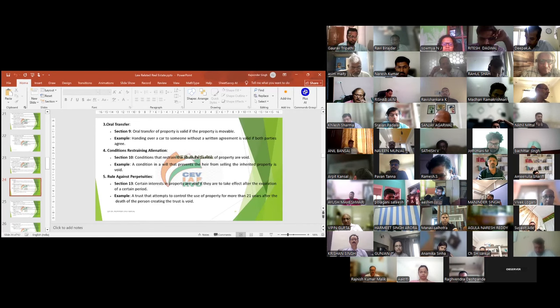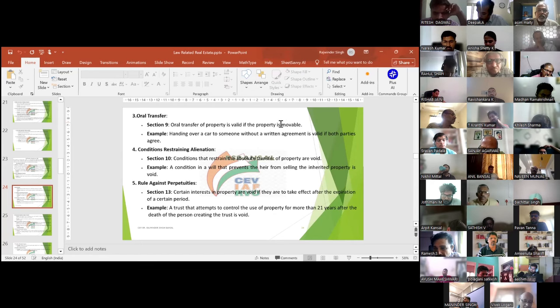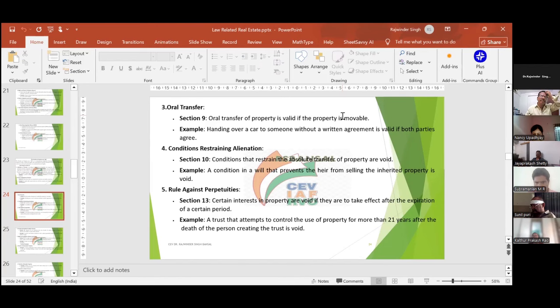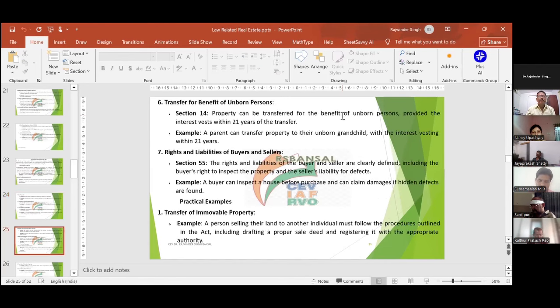So if the trust does not take control within 21 years, and takes it after 21 years after the death of the person who has created the trust, it will be treated as void.